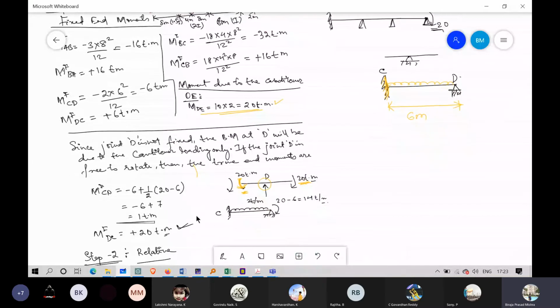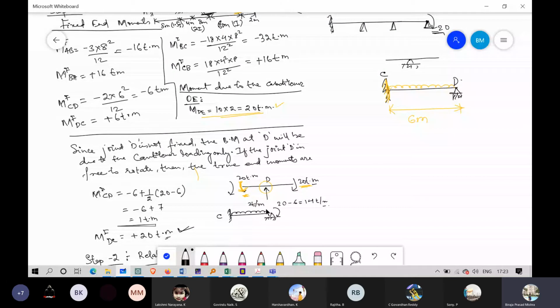This one is D, and this is MFCD and MFDC. So here we will have a moment that is 6 tons meter, right? Due to this one.